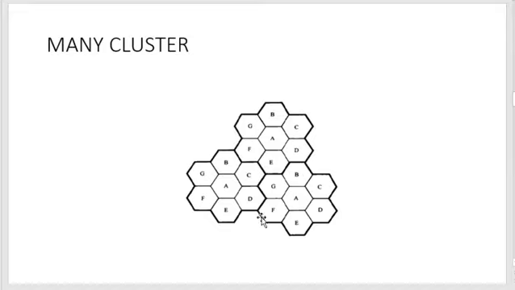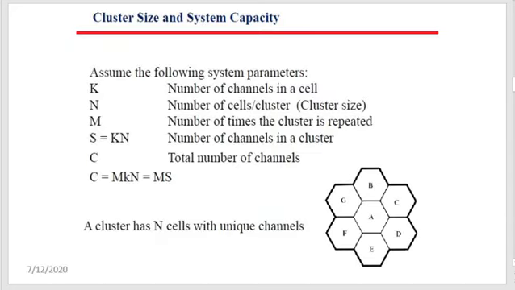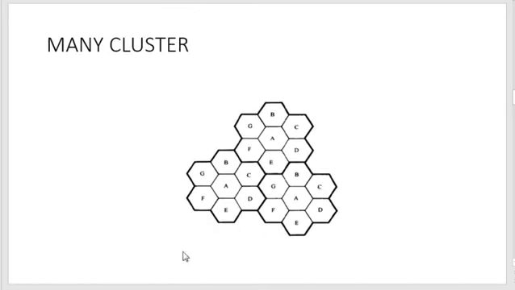We are reusing the same frequency in another cluster, and we are ensuring that they are a sufficient distance apart. So M is the number of times the cluster is repeated. So here M is equal to 3.